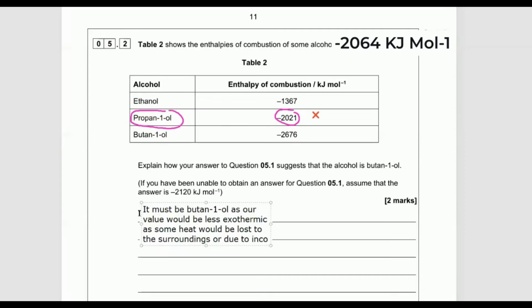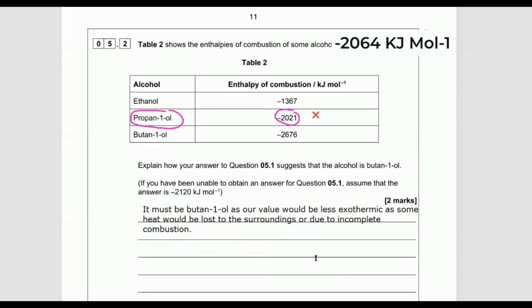So if our answer of minus 2064 is less exothermic than the real answer, then it can't be propan-1-ol. It can't be propan-1-ol because our answer is more exothermic than the true answer for propan-1-ol. How did we gain extra heat when we're losing heat? So that's the reason why the most likely identity of our alcohol is butan-1-ol.